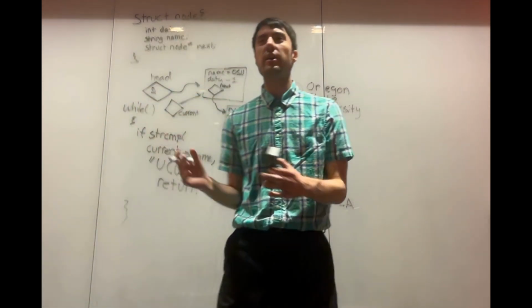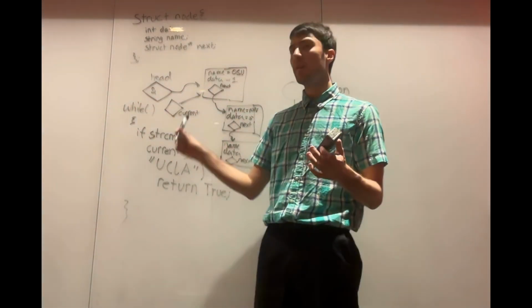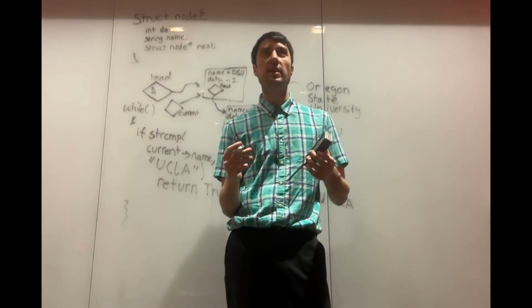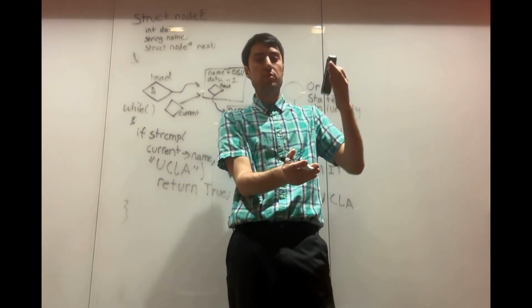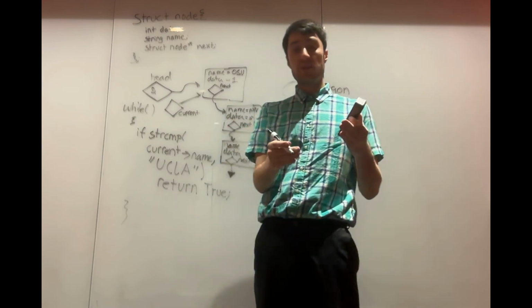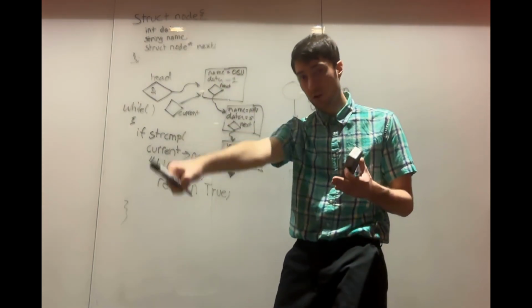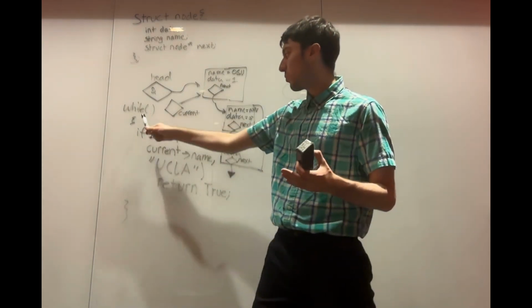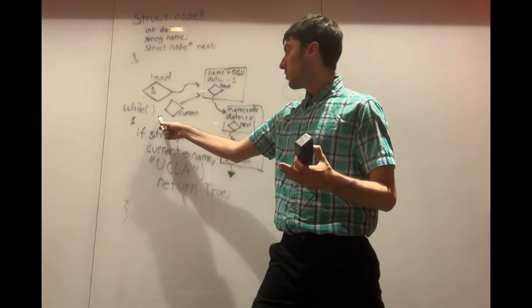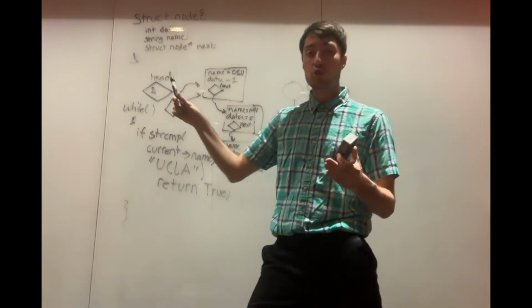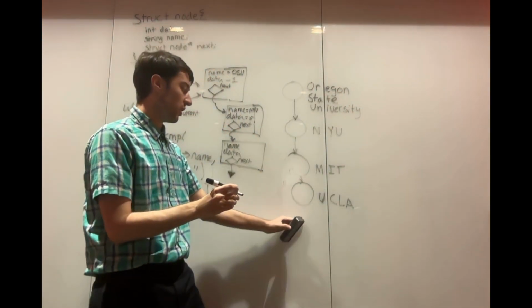Okay, so well, I guess what we're trying to do right here is we're checking to see if this UCLA is within our list. If it is, we are going to return true. If it is not, we are going to return false. So we're iterating over, we're going to just travel through the metro station.